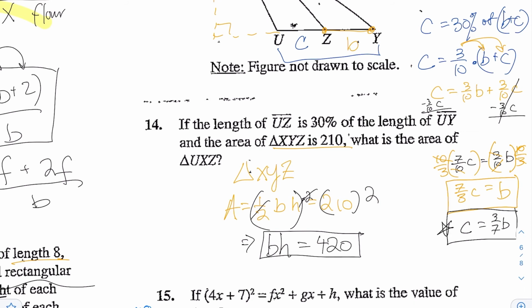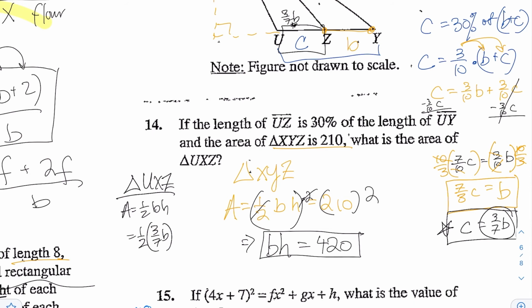We're actually going to use the second equation here, because for triangle UXZ, the area is 1/2 base times height. The base here is c, which we're going to replace with 3/7 of b. And the height is still the same h. And then we can do a substitution. b times h is equal to 420.